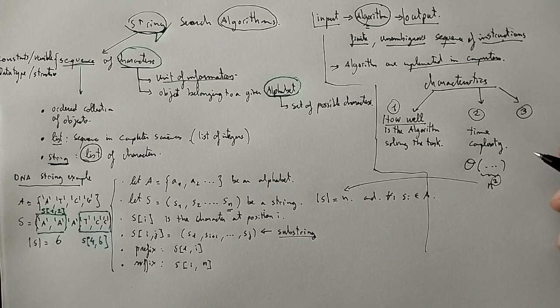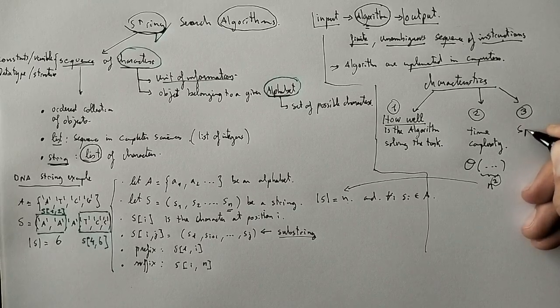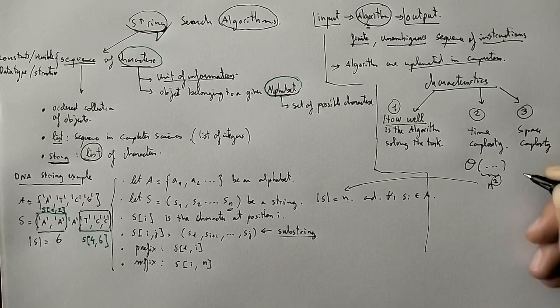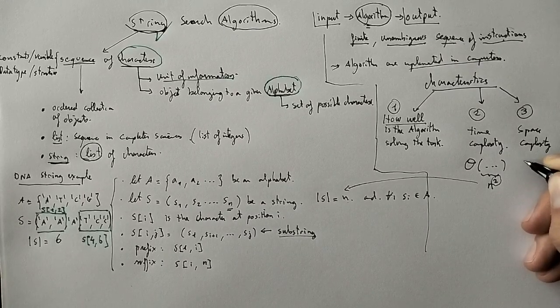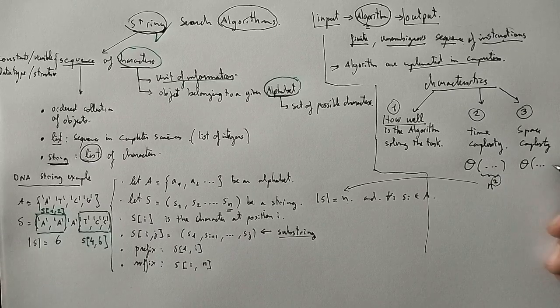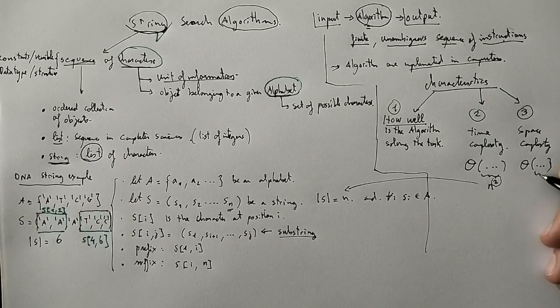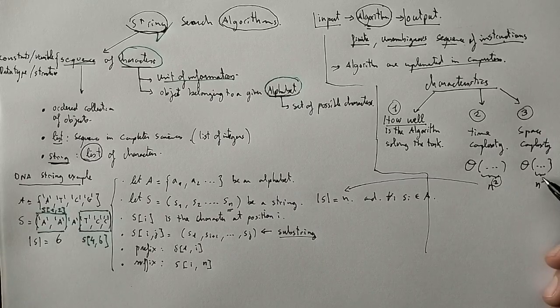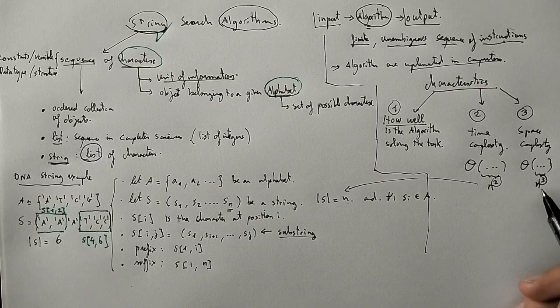The third element here is the space complexity. We also write it in the same way, so it will be O of something. For example, this something here could be n to the power of 3. So it's the amount of space, of memory that we will need to run the algorithm. So here it means that we need to consider the size of the string to the power of 3 in terms of space.